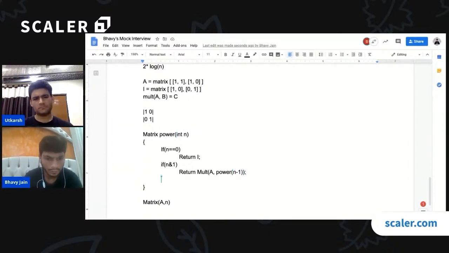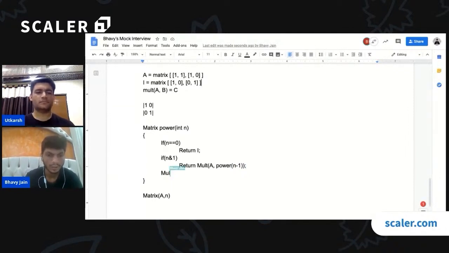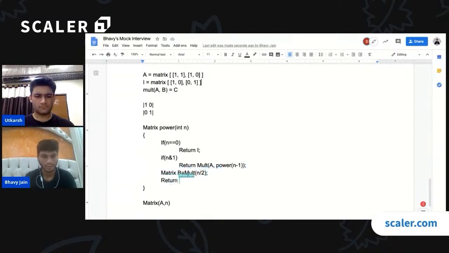And if it is even, then calculate power n by 2. So let's say it is a matrix B. Return mult B comma B.